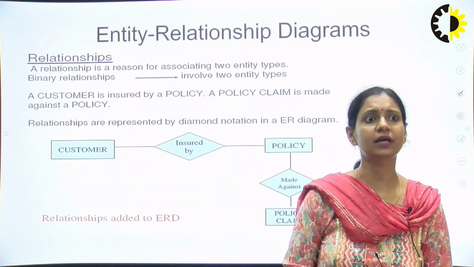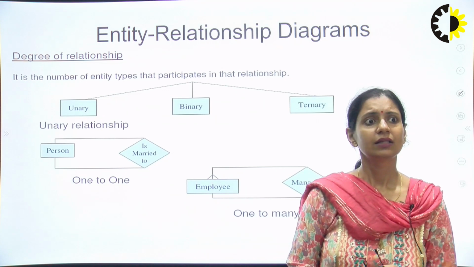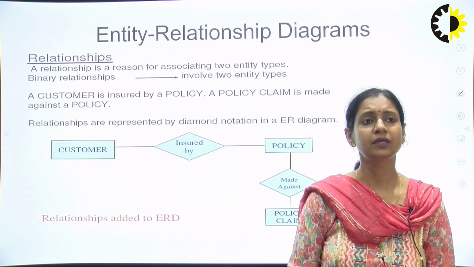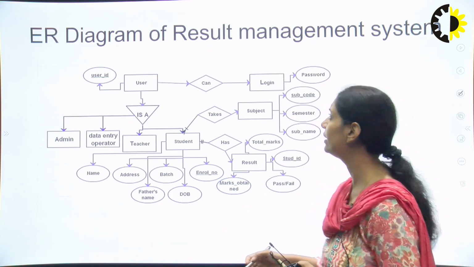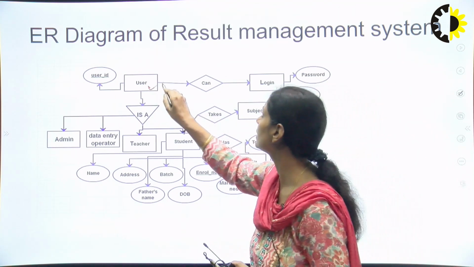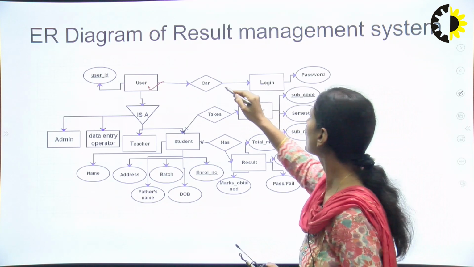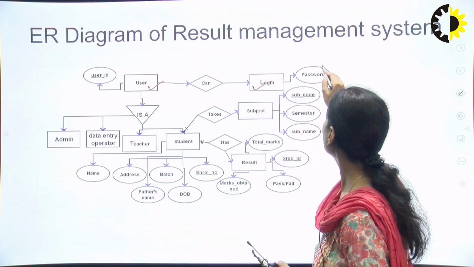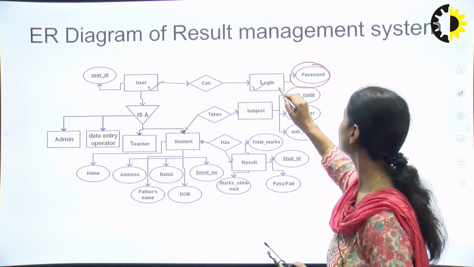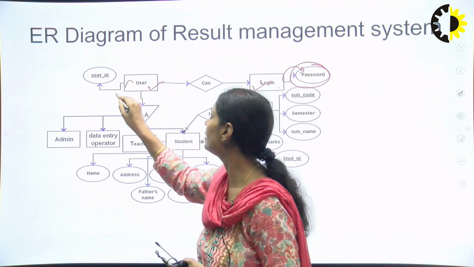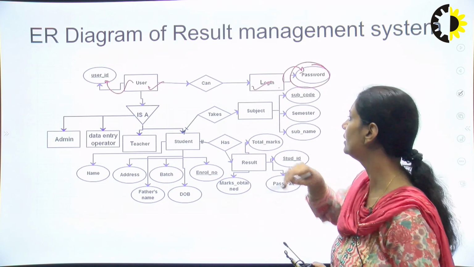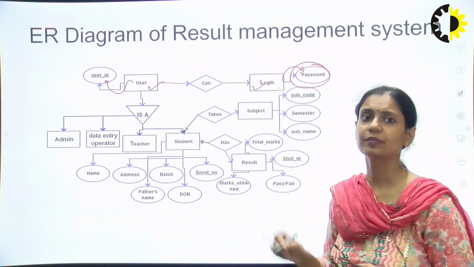So if we try to understand it by the ER diagram, here we have an ER diagram wherein if I talk about a user, user is an entity over here, login is an entity, and these are the attributes. That means this login will have an attribute of password, this user will have an attribute of user ID, and hence the ER diagram is being made.